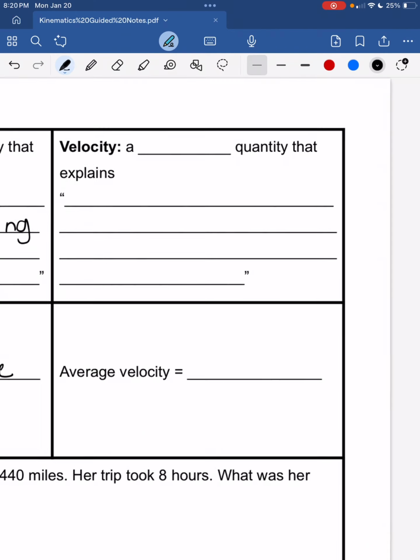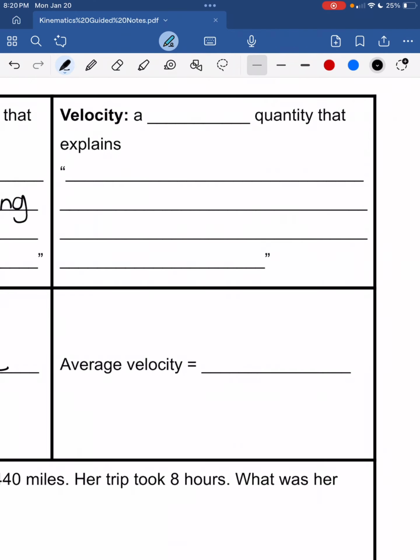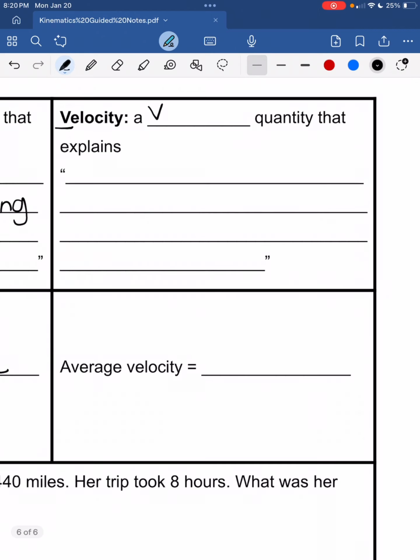So let's look at velocity. Velocity, we said, is what kind of quantity? We said it starts with a V, so it's a vector. And velocity refers to the rate at which an object changes its position.